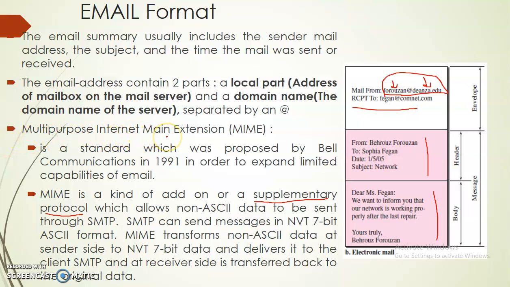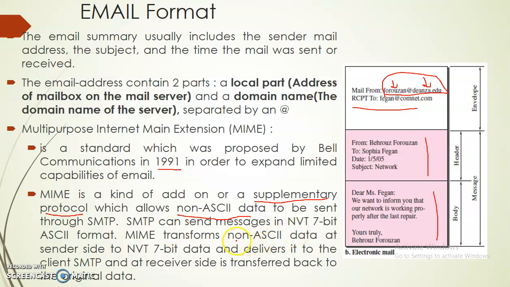Multipurpose Internet Mail Extension. That is basically a standard proposed by Bellcore in 1991. Right, I already told you this is a supplementary protocol. What is the work of MIME? Its work is converting non-ASCII data to ASCII format, right?